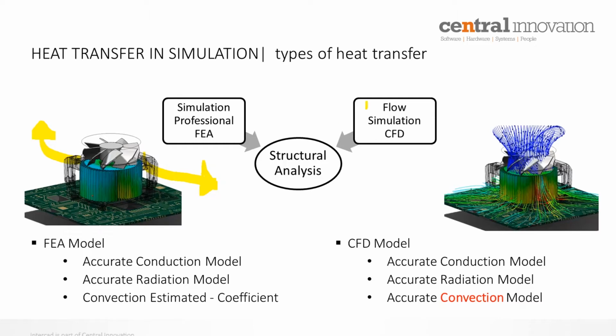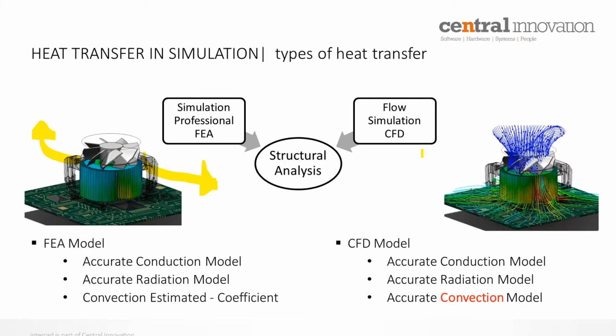However, the other alternative, using Flow Simulation, the CFD model, SolidWorks FlowSim uses the finite volume method, which allows us to do, again, accurate conduction models and accurate radiation models. And for those of you involved in the HVAC industry, there are advanced radiation models that allow different amounts of radiation absorption through glass and other objects.